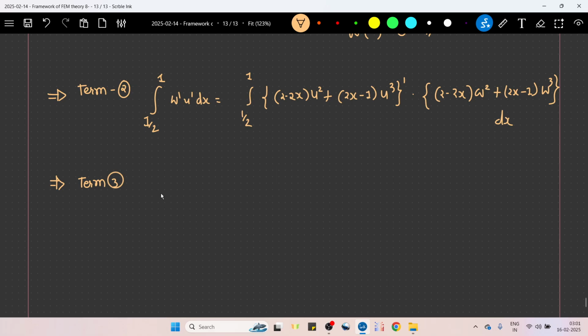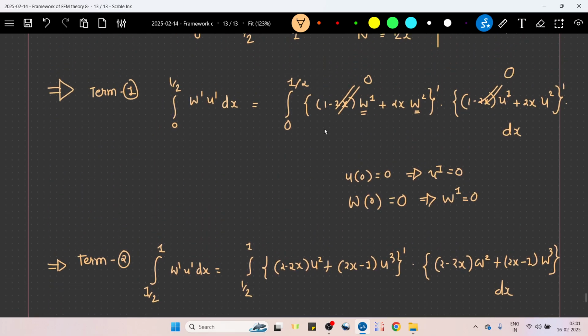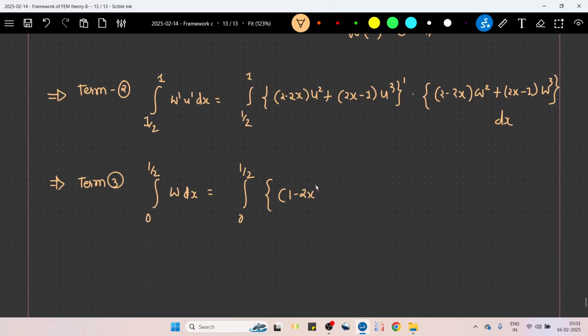So the integral from 0 to 1 by 2 of w dx, where w is for element 1, is going to be 1 minus 2x times w1 plus n2 w2, dx. And if I put the boundary condition w1 is 0, this term remains.